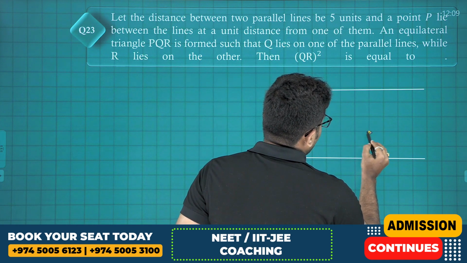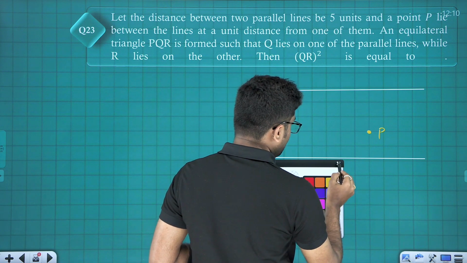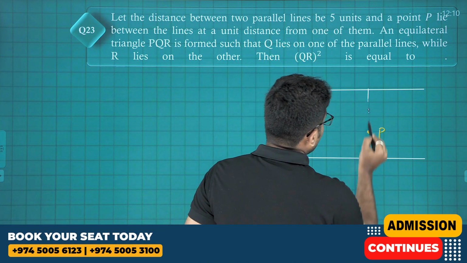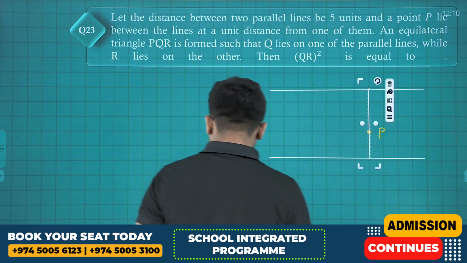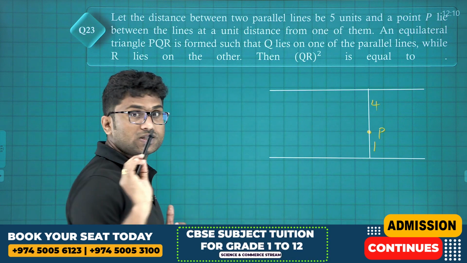P is any point somewhere in between these two, such that this distance is 1 unit and the other is 4 units.